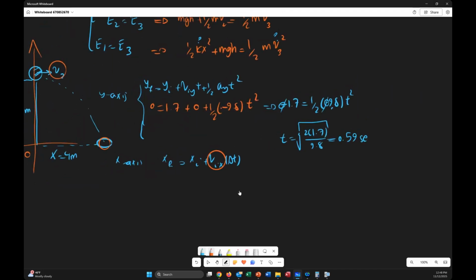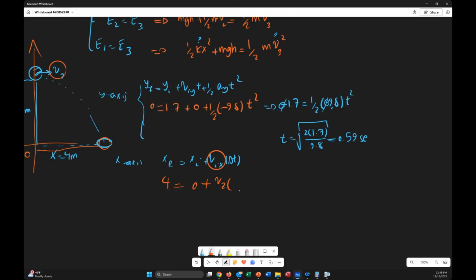Here, what is the XF? 4 meter. What is the XI? 0. What is the initial velocity? V2, in the x-axis. This is the initial velocity in the x-axis, times the time.